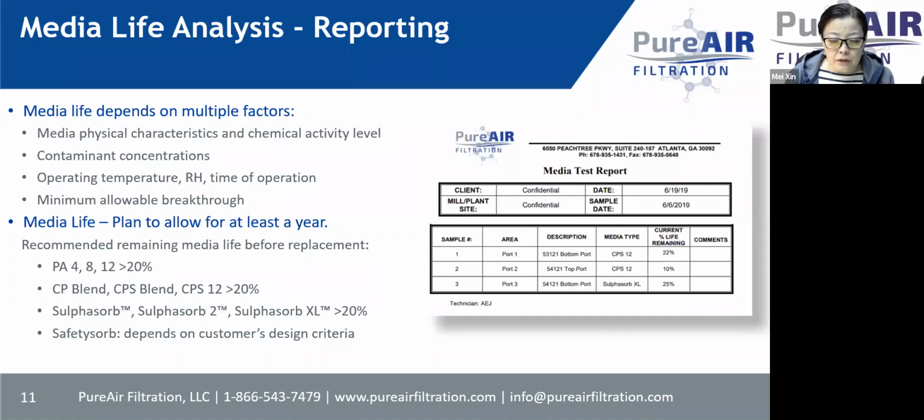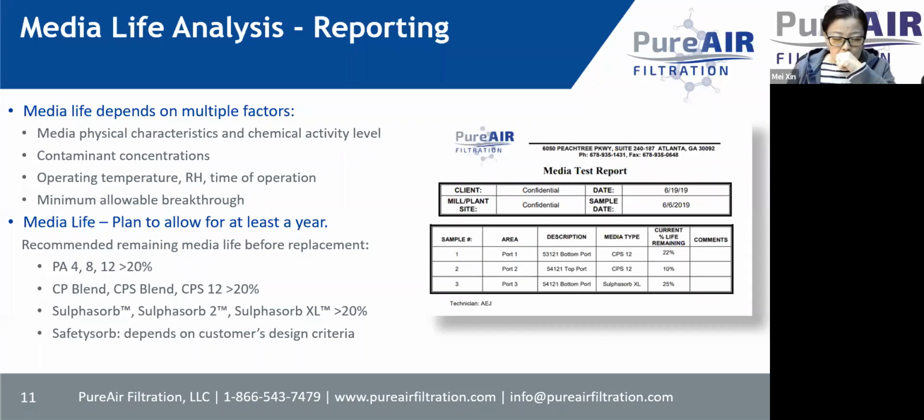First, of course, good quality control in the lab will give you high quality data. Media physical characteristics and chemical activity level will also change the media life. And on your side, your contaminant concentrations, your operating temperature, relative humidity, and time of operation in service will all change your media life remaining on the spent media.